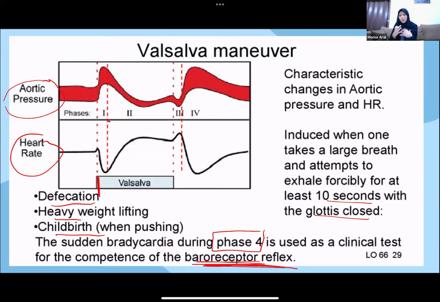If you continue to hold your breath for a long time, you go to phase 2, and then once you open your mouth to release the air, you go into phase 3, and then phase 4. If phase 4 happens, that means your baroreceptor reflex is working. That's what I want you to know, and I'll keep repeating this. You'll see it in the coming slides.